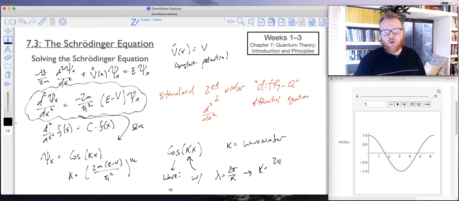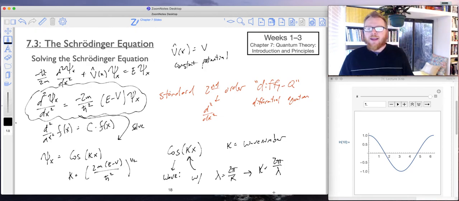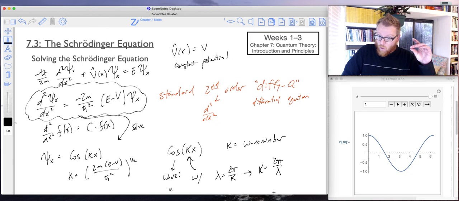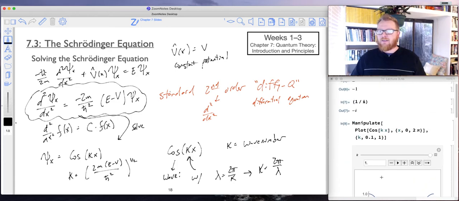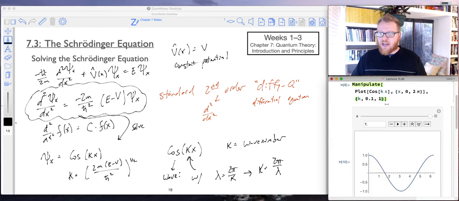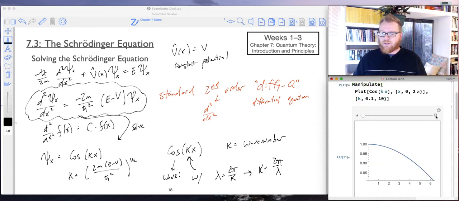So that's 2 pi divided by lambda, all right? A smaller wave number, small wave number, gives me a big wavelength, okay? So let's see how that shakes out here. Oh, you know what I wanted to do? Apologies. I wanted to make this scale all the way up to 10, not to 1. So let's go back to that.